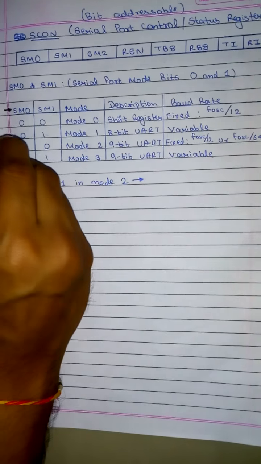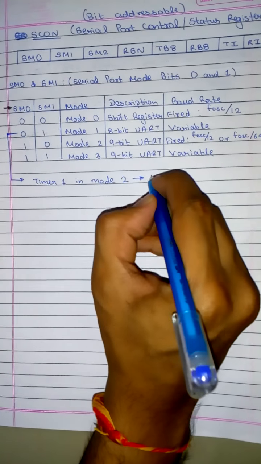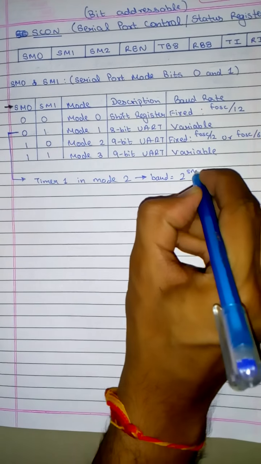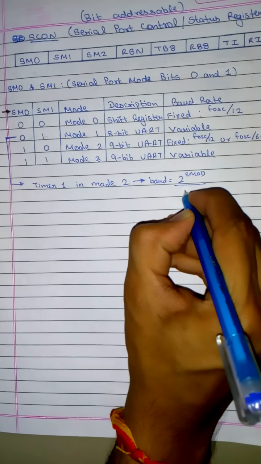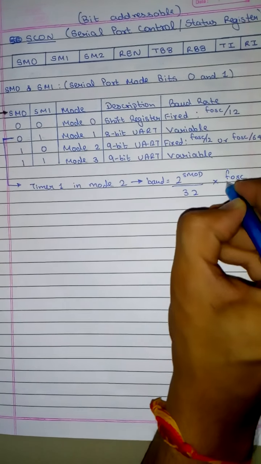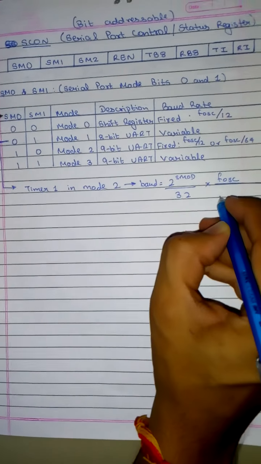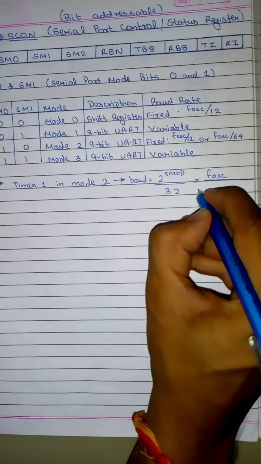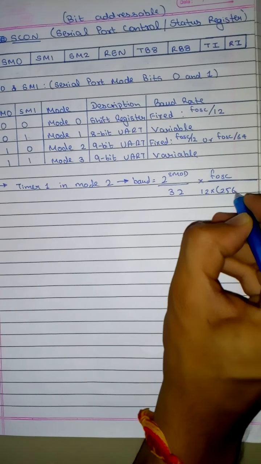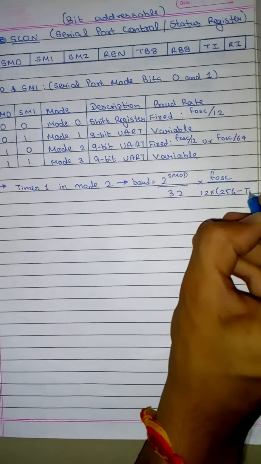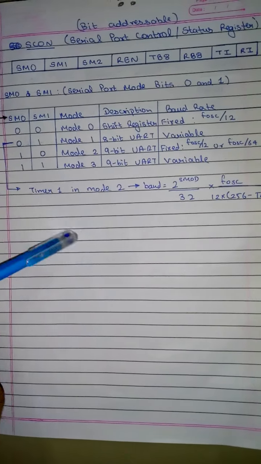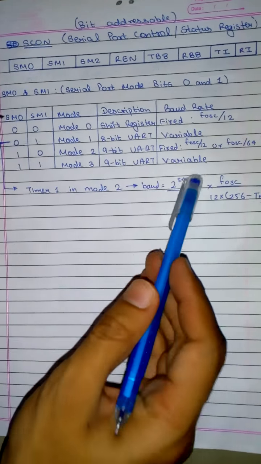For mode 1 of SCON, the baud rate is 2 raised to SMOD upon 32 into F oscillation, that is oscillator frequency, upon 12 into 256 minus TH1. Now let me explain the two new terms.